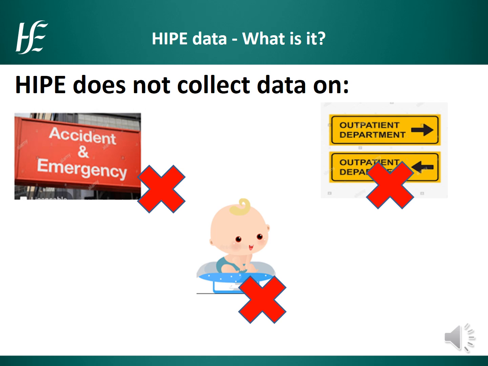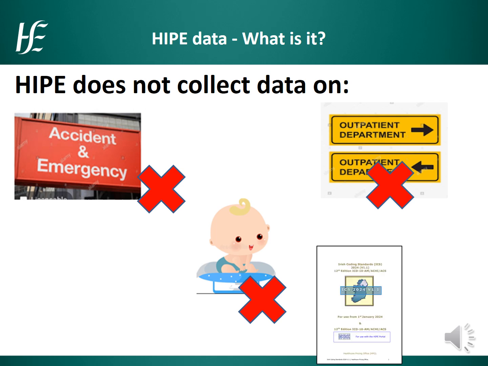It also does not collect information on virtual wards and discharge lounges or elective admissions to acute medical or surgical assessment units. Data from these areas is captured by other means. Full details regarding the type of activity captured and not captured by HIPE are available on page 15 of the Irish Coding Standards, which is contained in your starter pack.